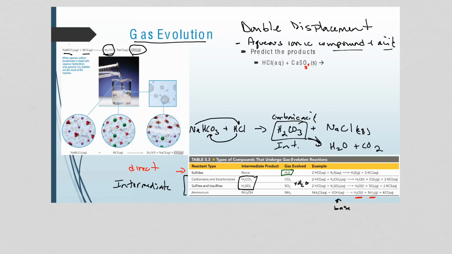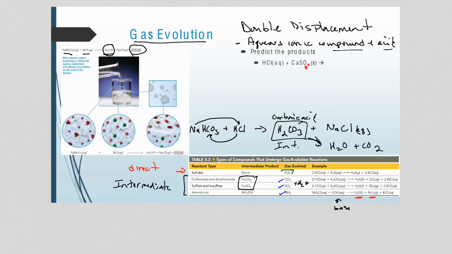So we can get direct formation of H2S gas, or we can get formation of CO2, SO2, or ammonia via some intermediate process.